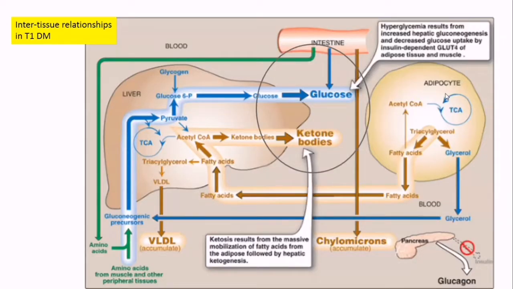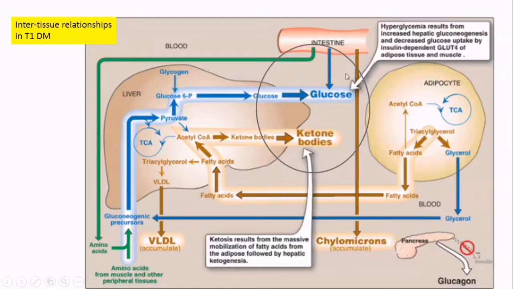So here you can see the intertissue relationships. What are those tissues? They are the liver, skeletal muscle, and the adipose tissues. Here you can see the release of glucose from glycogenolysis as well as the gluconeogenic precursors, but this glucose is not taken up by the adipose tissue and the skeletal muscle because GLUT4 is always stimulated by insulin, whereas insulin is absolutely deficient here.